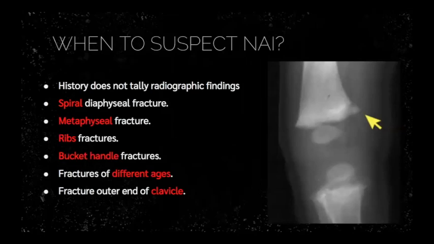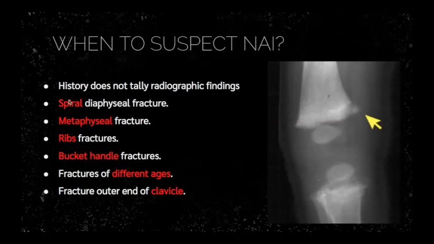Right, so a little bit on NAI. This topic deserves a session on its own, but just a run through. We should suspect it if the history doesn't tally with the radiographic findings, and probably there will be multiple ages of fracture healing.